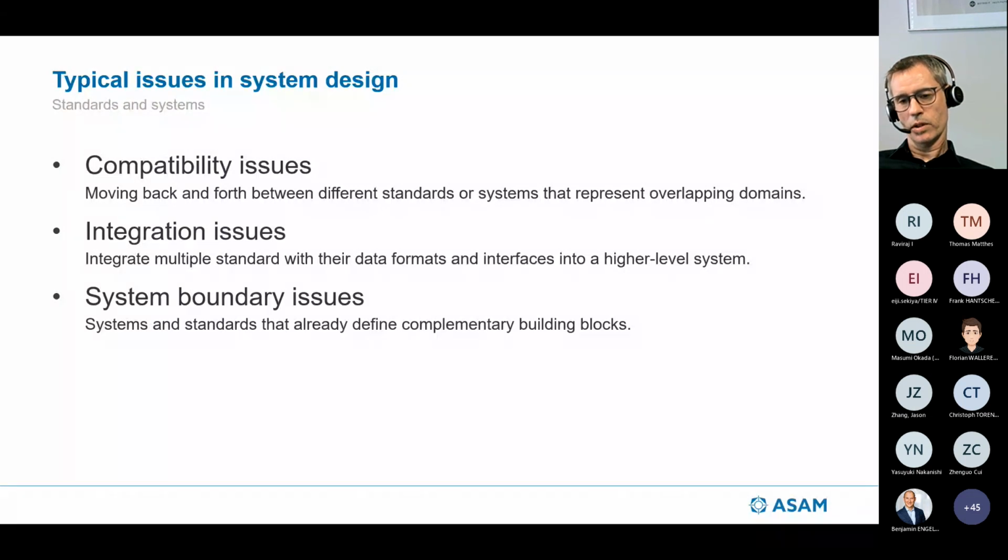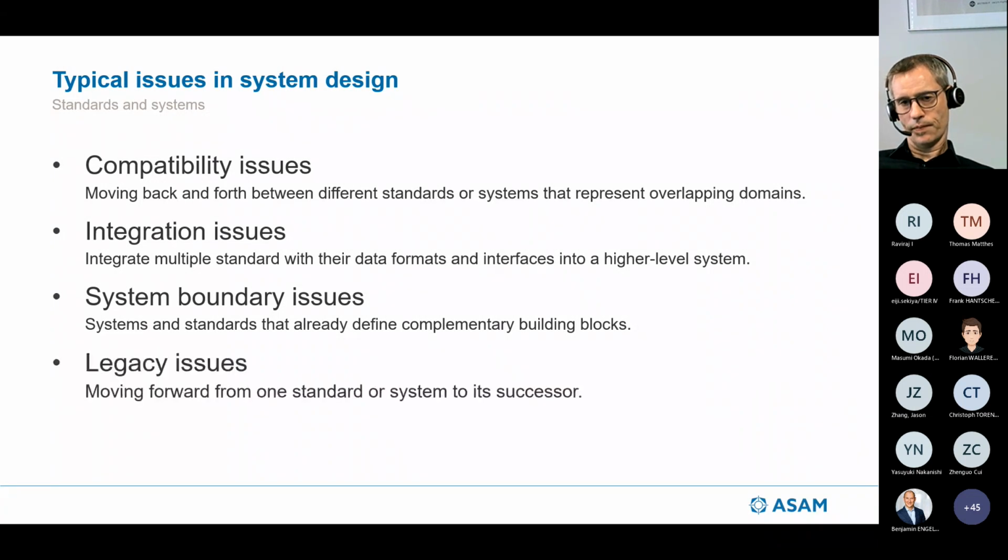There are system boundary issues. This is often the case when you already have complementary building blocks in a standard that you want to refer to, which means that you are building your standard on the dependency of another standard or another system. And other issues you might have here are legacy issues, when you are probably moving from one standard or system to its successor.